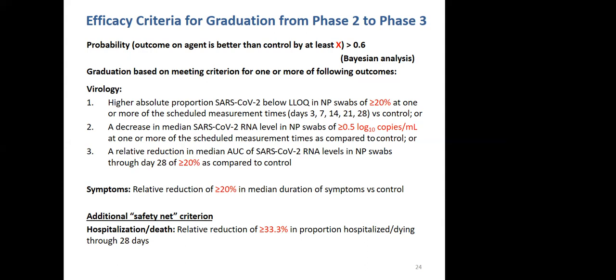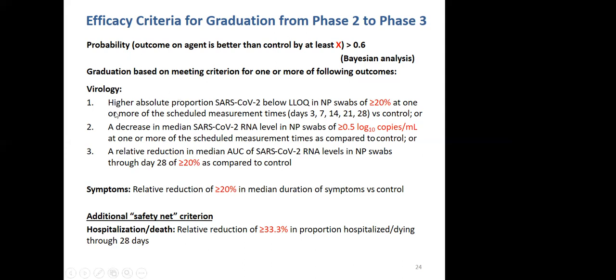So in essence, we're covering our bases, and we're looking for any evidence of antiviral activity. So there's definitely a multiplicity issue here.